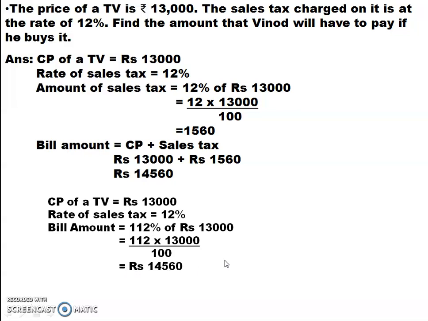So you should choose the method after reading the question. If sales tax is asked, you should follow the first method. If the final bill amount is asked, you can choose either method. Students, if you have any doubt, please call me and ask. Okay? I am here to help you.